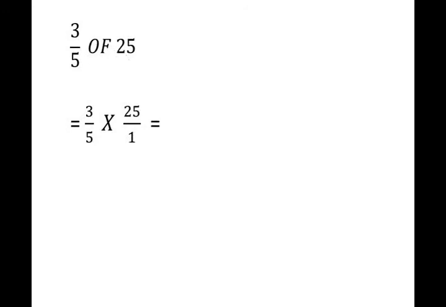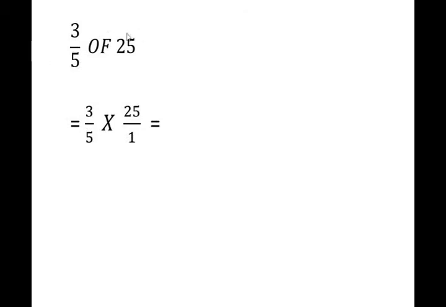It can be written as a fraction if I write it with a denominator of 1. Now 25 divided by 1 is 25, so we're not actually changing the number itself. We're just rewriting it in a different form.